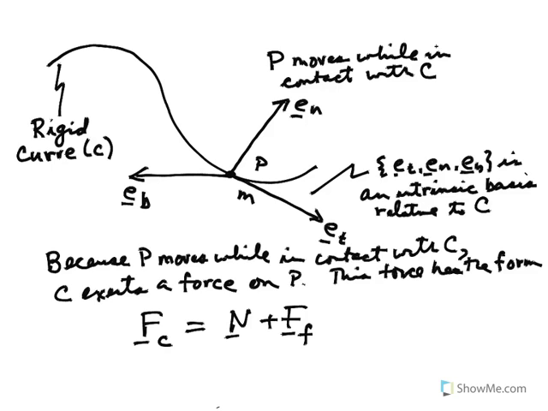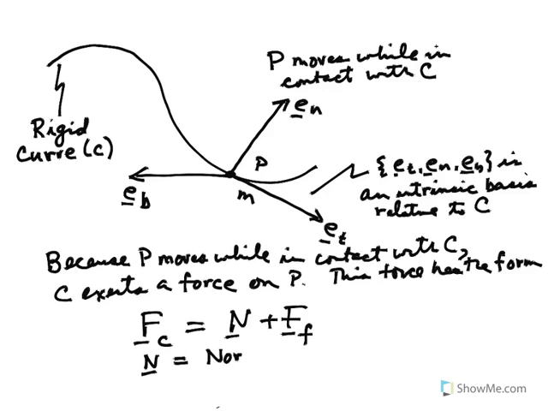So the first thing to note is that these forces have the same nomenclature as what was used before. N is the reaction force. Well, I should use the same terminology I did before.